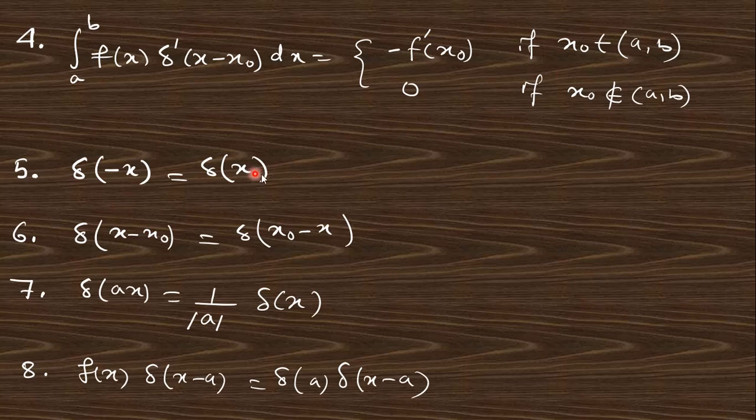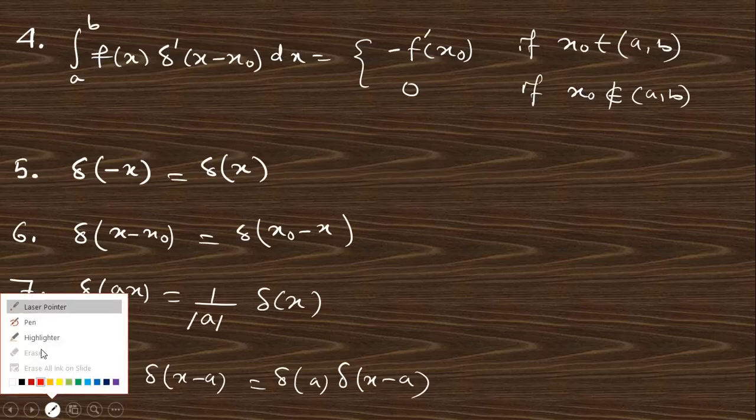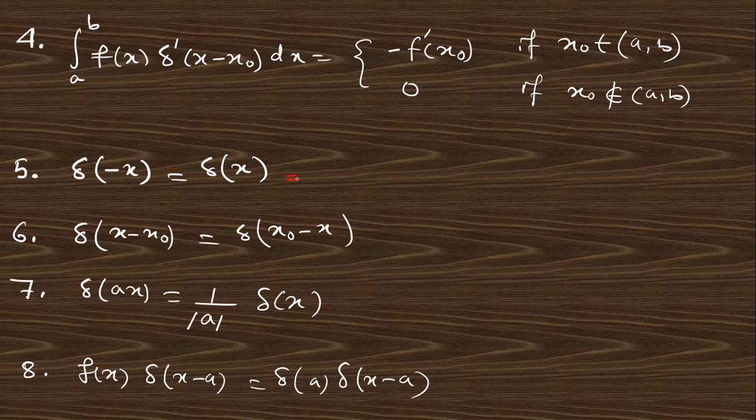Delta of minus x equals delta of x, so that means the delta function is an even function, right? The delta function is an even function, and delta x minus x0 can also be written as delta x0 minus x because of the even function.